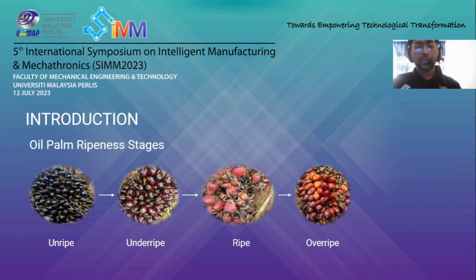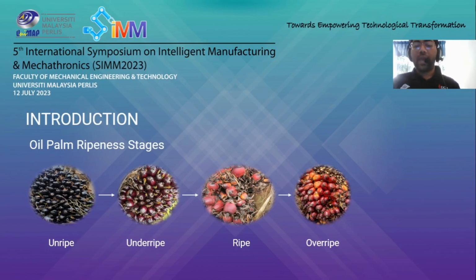Alright, the underripe one has minimum oil content, which is not the best one to choose for harvesting.